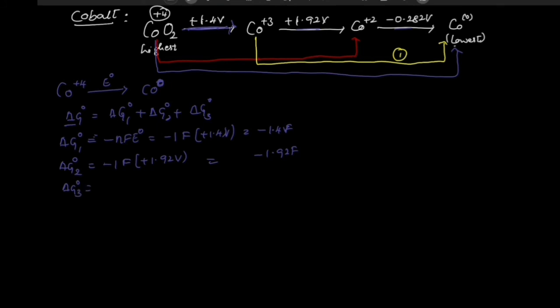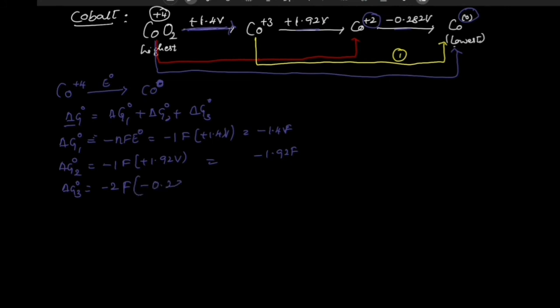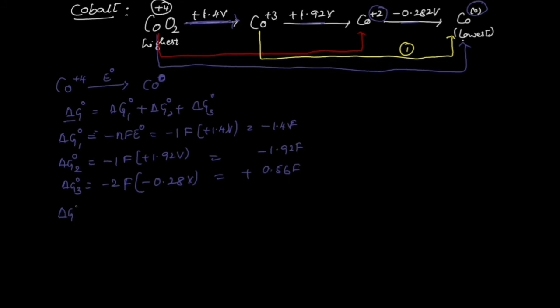And delta G naught 3 will be equal to, here you can observe cobalt +2 to 0. There are 2 electrons involved, minus 2 into F into E naught value minus 0.28 volt, which is equal to 0.56 F. If you get the summation of these values, the delta G naught value for the overall reaction is the summation.